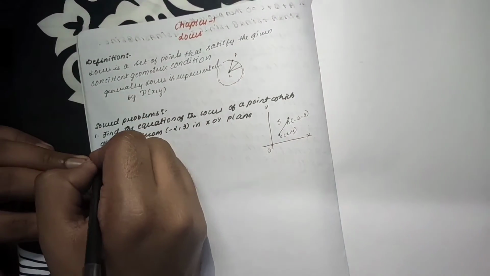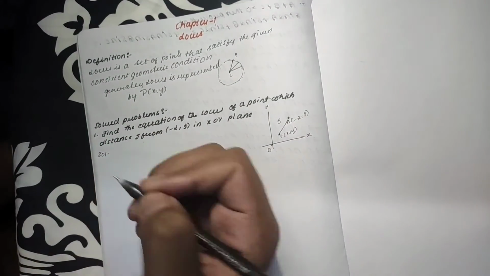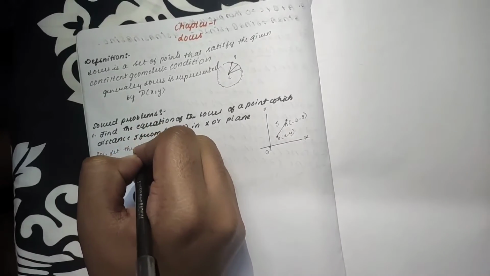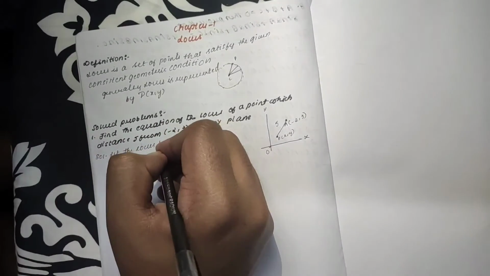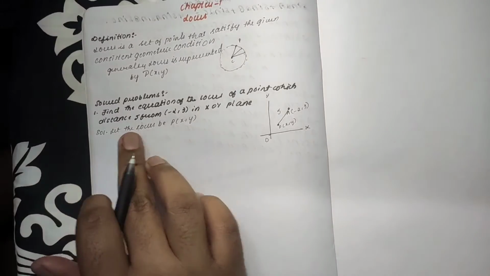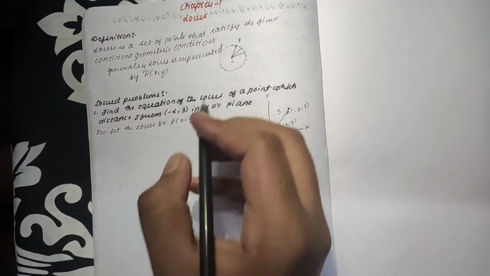So, solution. Firstly, let the locus be P(x, y). If you directly write the solution, you will not get marks in board exams as it carries 4 marks. Please write every step as written below.